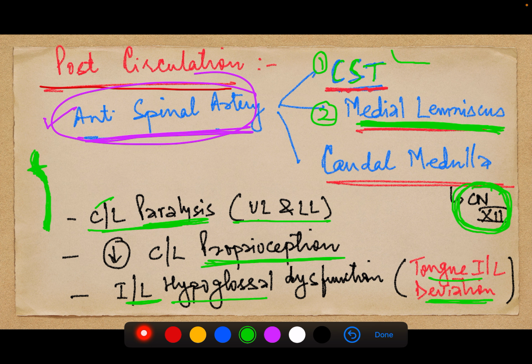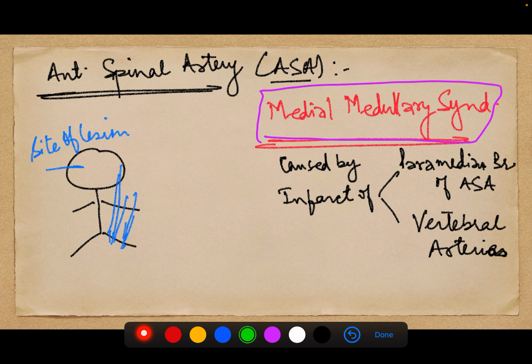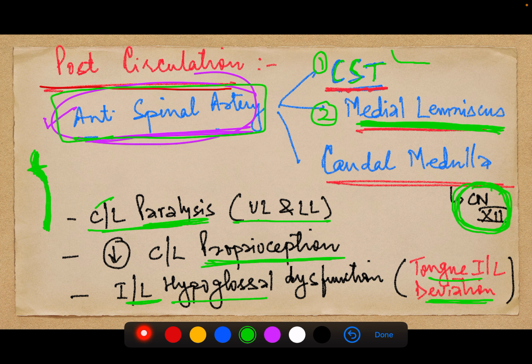So the person who suffers from an anterior spinal artery lesion will have the medial medulla affected, which is known as medial medullary syndrome, and this is the triad of medial medullary syndrome. What are those triads?